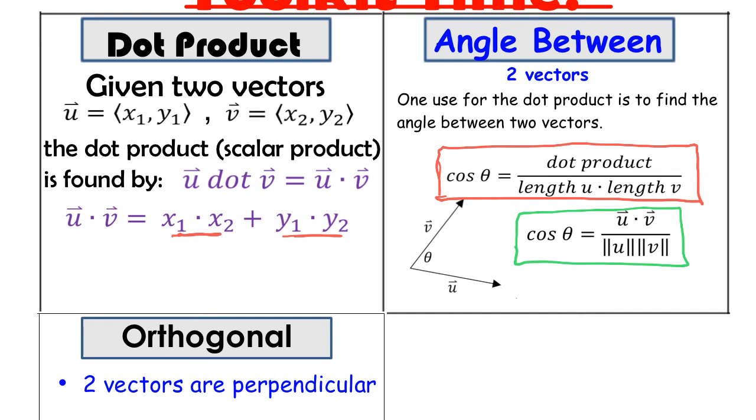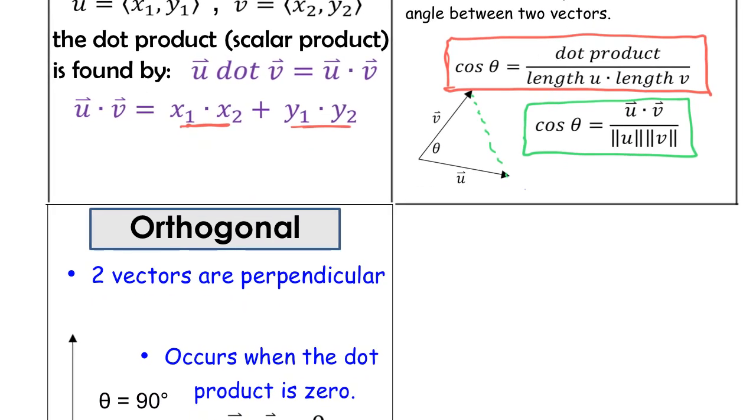So that gives you the angle between. Back when we worked with this in geometry, we would do the law of cosines, and this would be a triangle. And then finally, orthogonal. Orthogonal is just two vectors that are perpendicular, and that occurs when the dot product is 0.